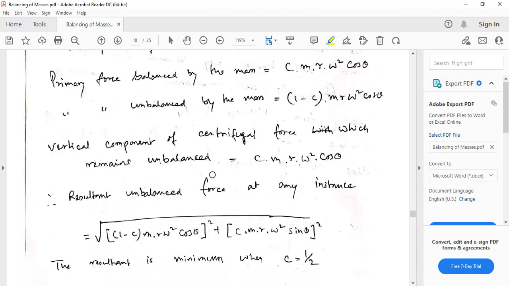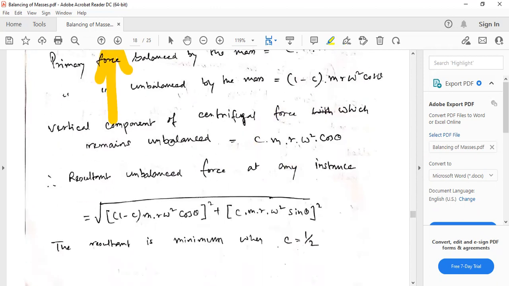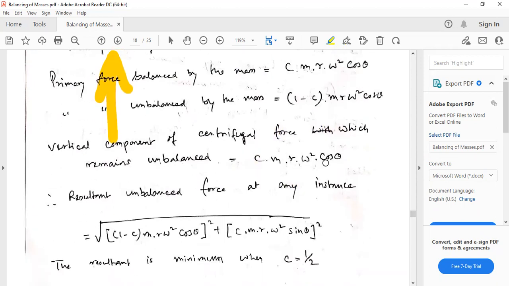And mathematically how to do it, you see the particle component of centrifugal force which remains unbalanced is this. See, this part we have to balance. This is the vertical one, particle in this direction. And the horizontal part we have to find out, and the horizontal part of this will be what? If we multiply, yeah, actually just a moment, we have written this as unbalanced, no?